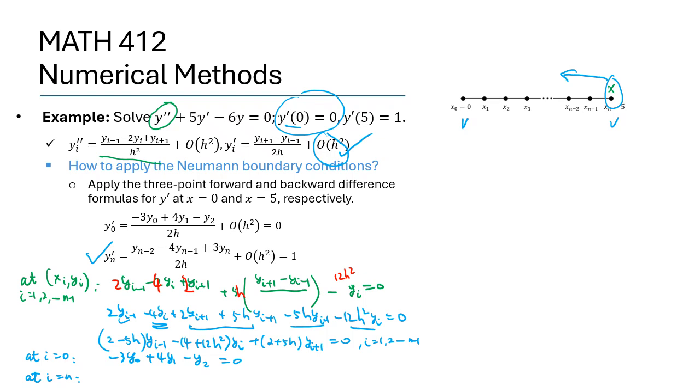We know at that point the derivative condition is 1. Simplifying, we get y sub n minus 2, minus 4 y sub n minus 1, plus 3 y sub n is 2h.